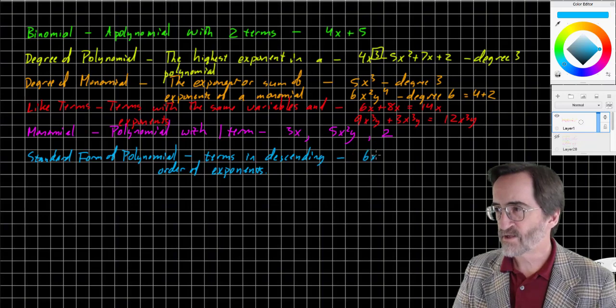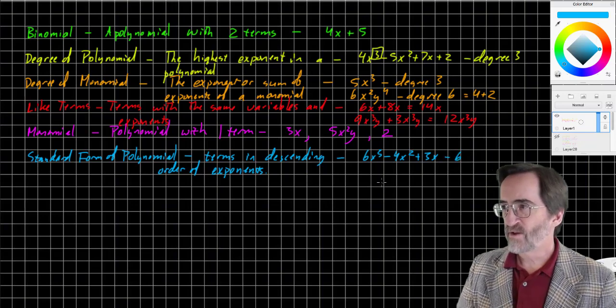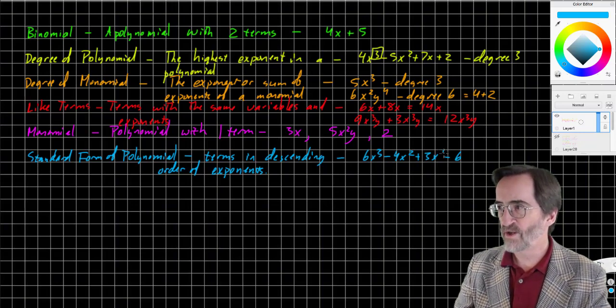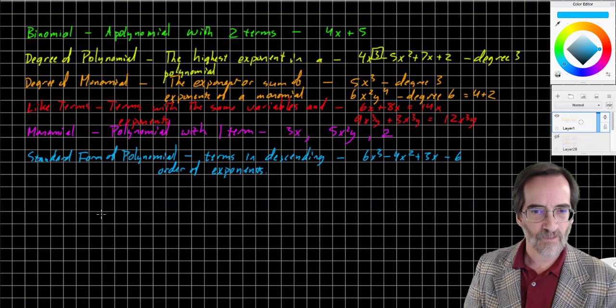So 6x cubed minus 4x squared plus 3x minus 6 is in standard form because it's in 3, 2, 1, and 0 order of exponents on the variable.